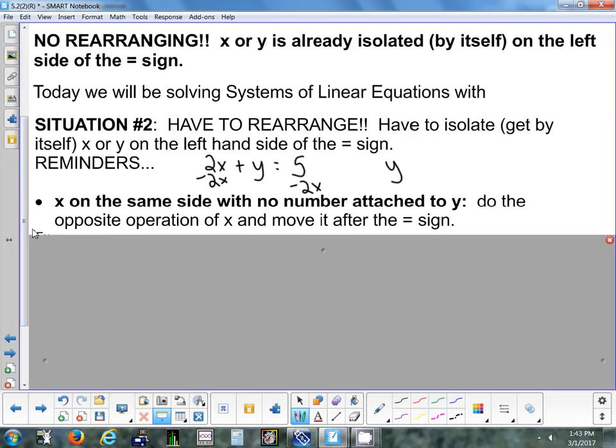So it would be y equals negative 2x plus 5. And right there, I'm all set to substitute. Y is by itself, I can substitute now. So that's one situation: x and y on the same side, no number attached to y. And that's just one step. Move the x, bam, it's done.